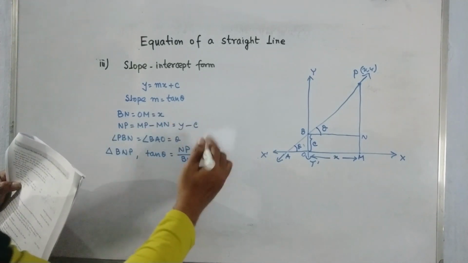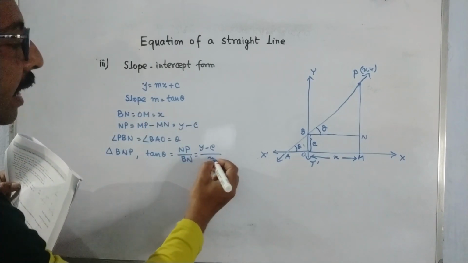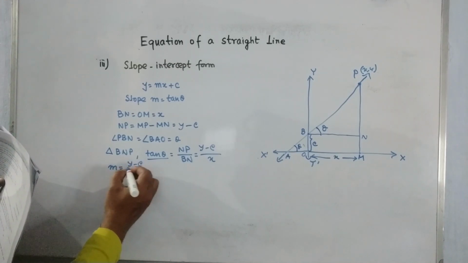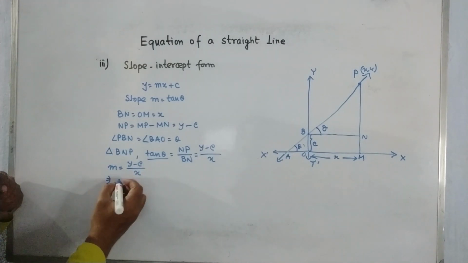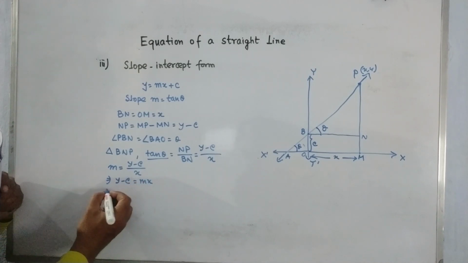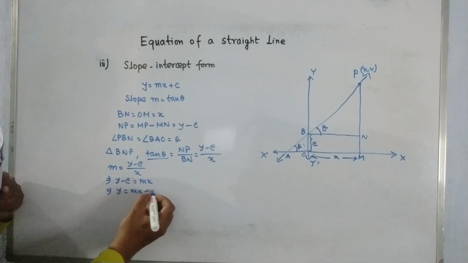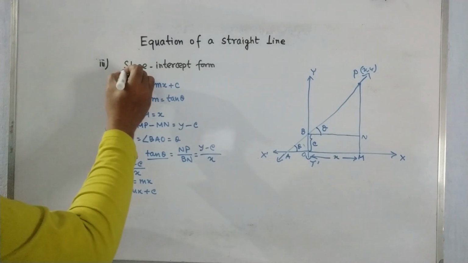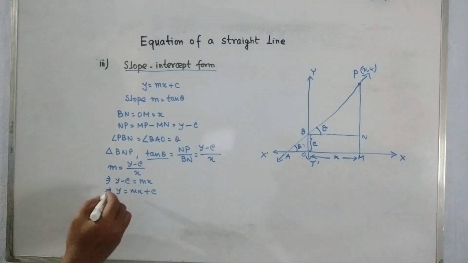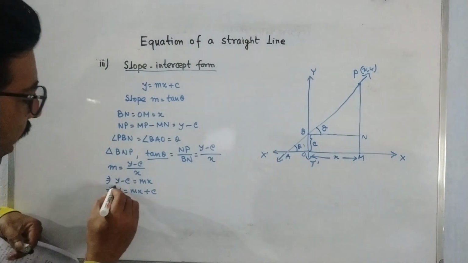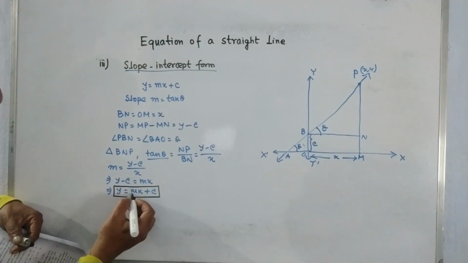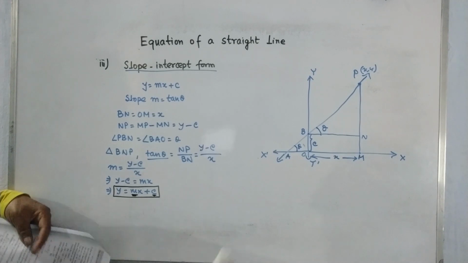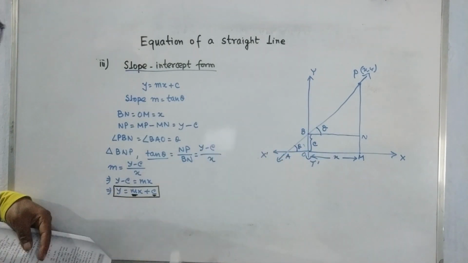So NP is nothing but Y minus C and BN is X. Now tan theta is substituted by m, so m equals Y minus C by X. Therefore, Y minus C equals mx, or Y equals mx plus C. So this is the equation of a straight line in the required form, the slope-intercept form, y equals mx plus c, where m is the slope or gradient and c is the amount of intersection from the origin on the y-axis.